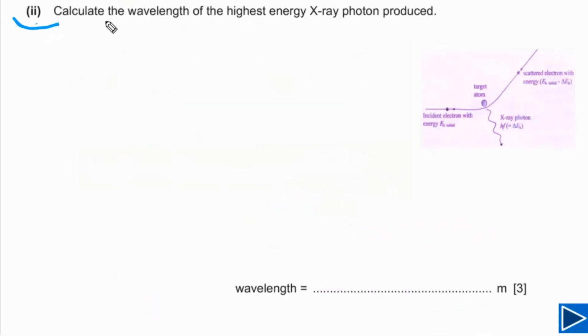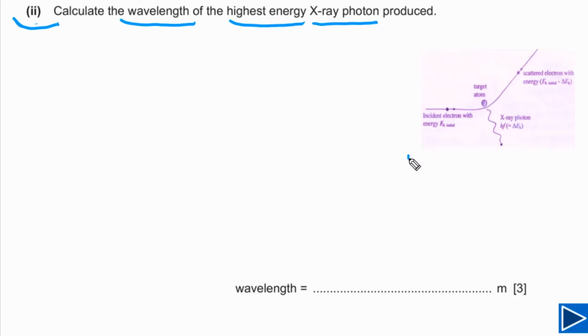For the second part, we need to calculate the wavelength of the highest energy X-ray photon produced. In the last part, we have already discussed that X-ray photons are produced with different amounts of energy, and the energy of an X-ray photon depends on the amount of deceleration of electrons. Electrons have a range of decelerations, and X-ray photons have a range of energies.